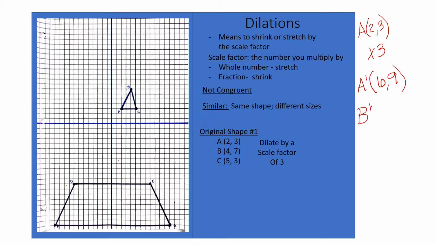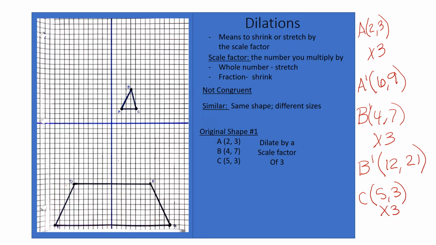The original B is at 4, 7, and so again I'm going to multiply it by 3, and so B prime is going to be 12, 21. 4 times 3 is 12, 7 times 3 is 21. C is at 5, 3. We multiply by 3, and so C prime is going to give me 15, 9. 5 times 3 is 15, 3 times 3 is 9.